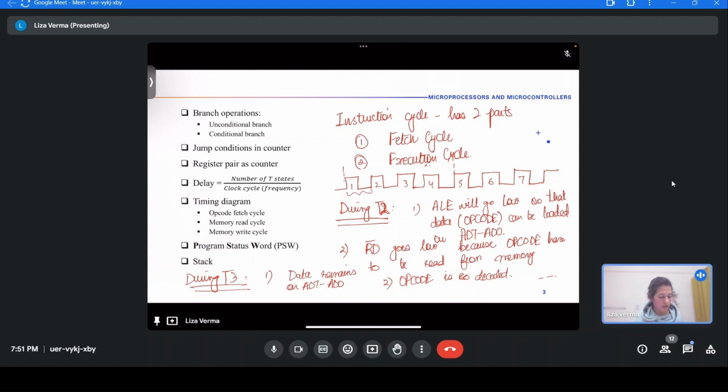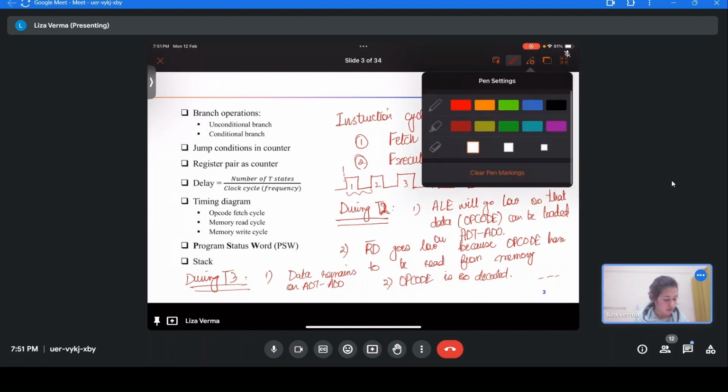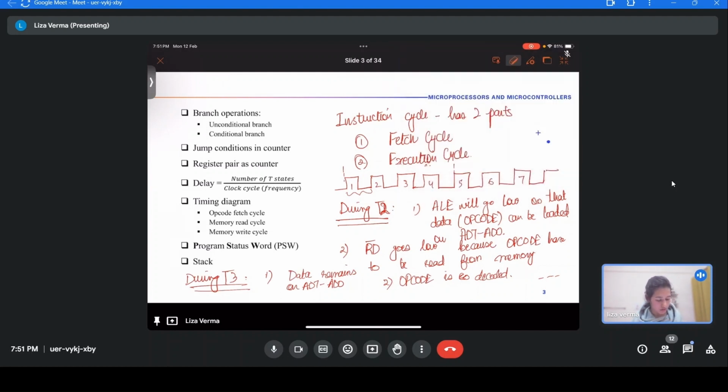So this is the opcode fetch cycle. Is it understood? Or if you have any other question apart from this, then you can ask.